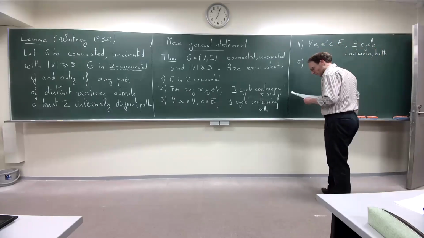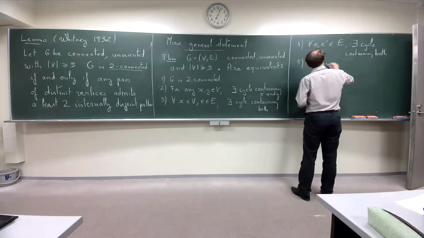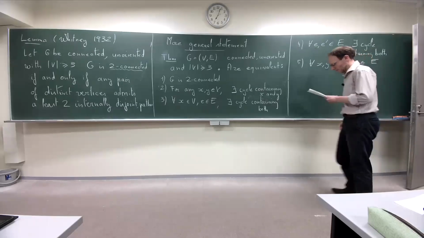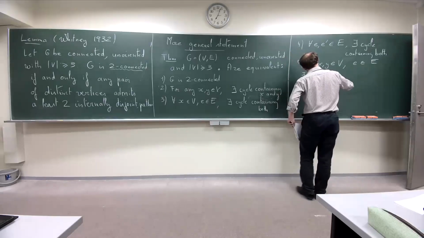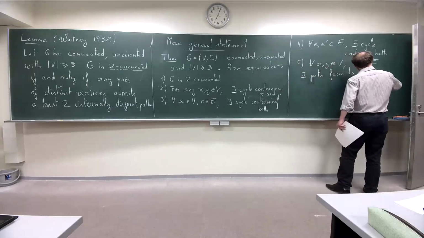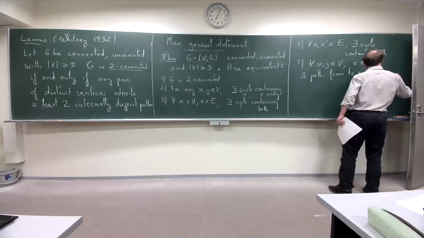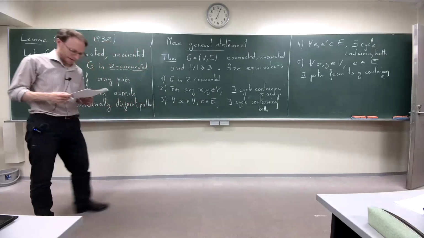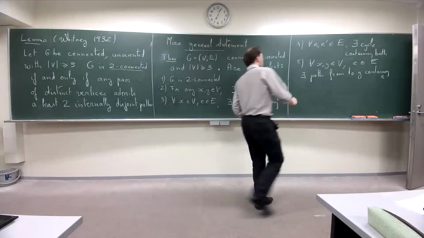Okay. Number 5: for any x, y vertices and for any e edge, there exists a path from x to y containing e. Two more.